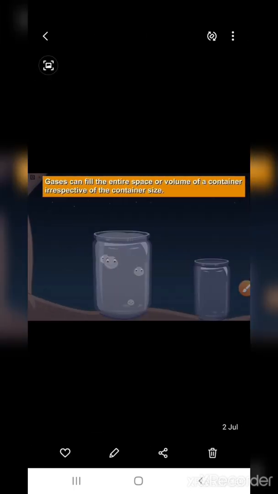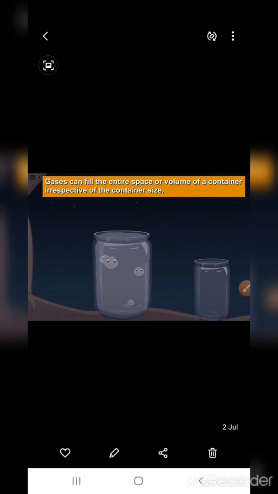And if the smoke of a sandal is blowing and mixes in the air, you can see the smoke of any sandal, right? And it mixes in the air, so it has neither a definite shape nor a definite volume, right?